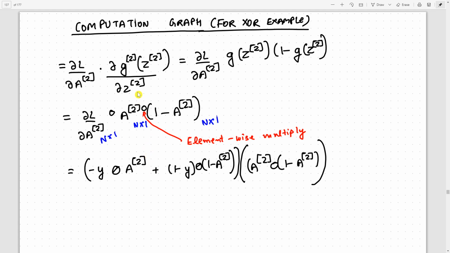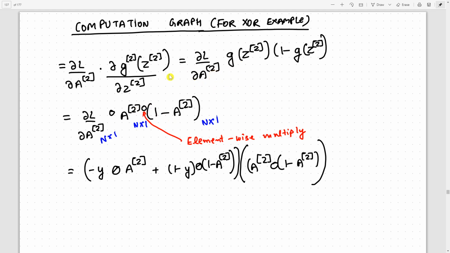Then we can just expand this out. So del L by del A2 times g(z2) multiplied by 1 minus g(z2), and we can eventually write this as del L by del A2 element wise multiplied by A2 and element wise multiplied by 1 minus A2.